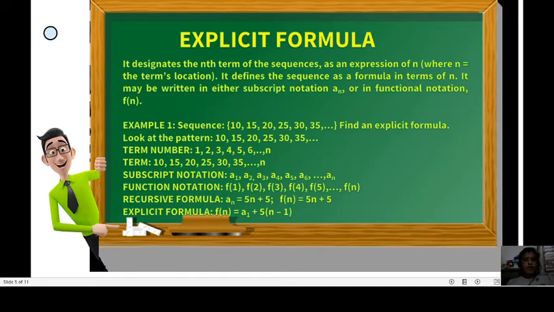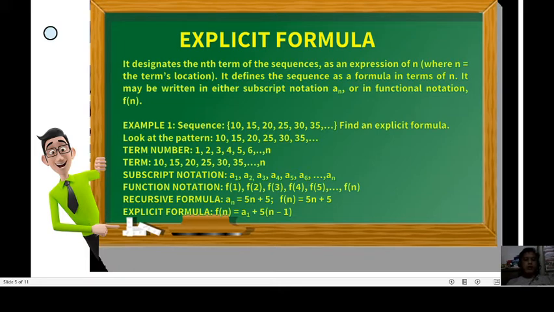We have the subscript notation: a sub 1, a sub 2, a sub 3, a sub 4, a sub 5, a sub 6, so on and so forth, a sub n. And function notation: f of 1, f of 2, f of 3, f of 4, f of 5, so on and so forth, f of n.